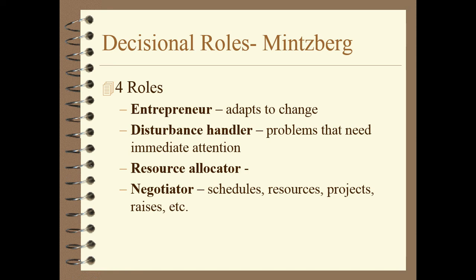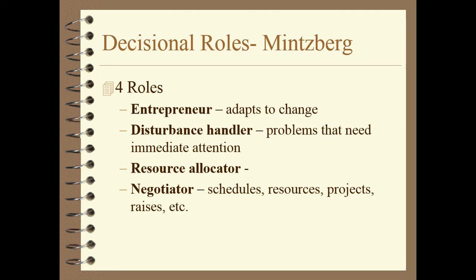The manager is a resource allocator. This means the manager allocates human resources, financial resources, capital resources, material resources, and all other resources to where they're supposed to be. It means the manager has to make a decision that the right people should be doing the right things at the right time.